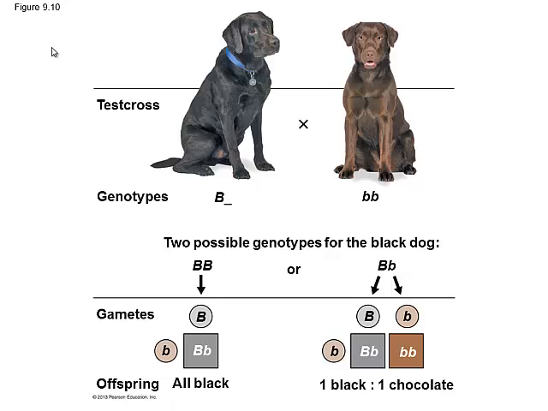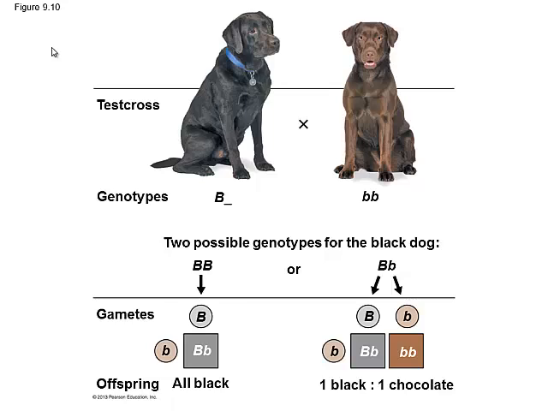So two possible genotypes for the black dog, color-wise, are going to be big B, little b, or big B, big B. Yeah, for the offspring, just for coat.